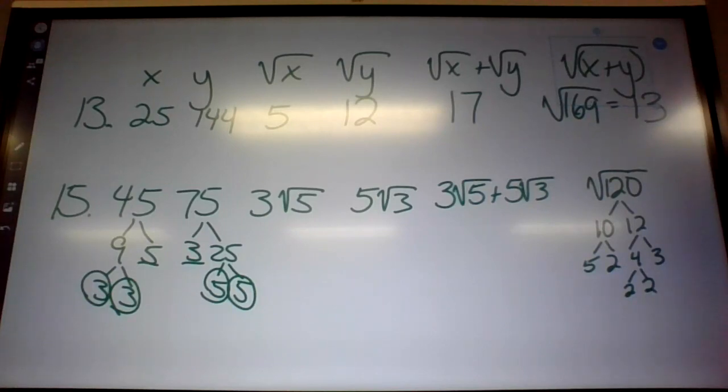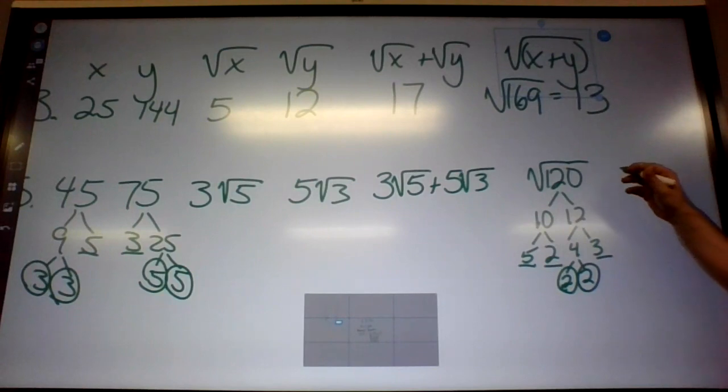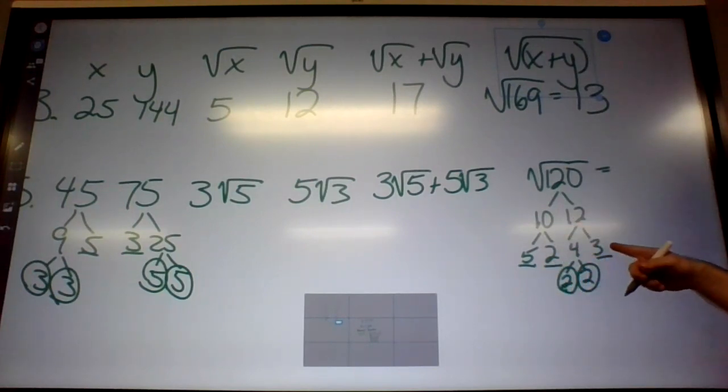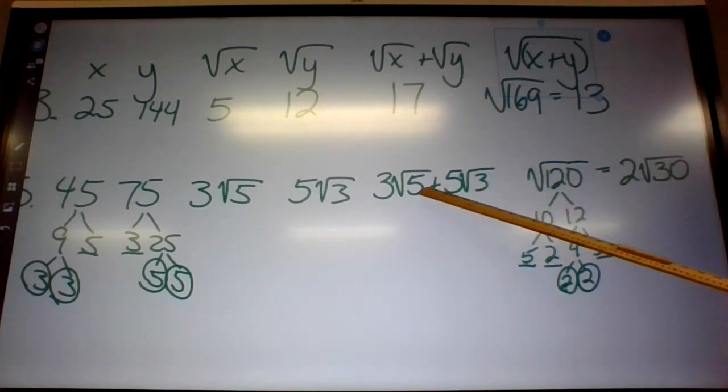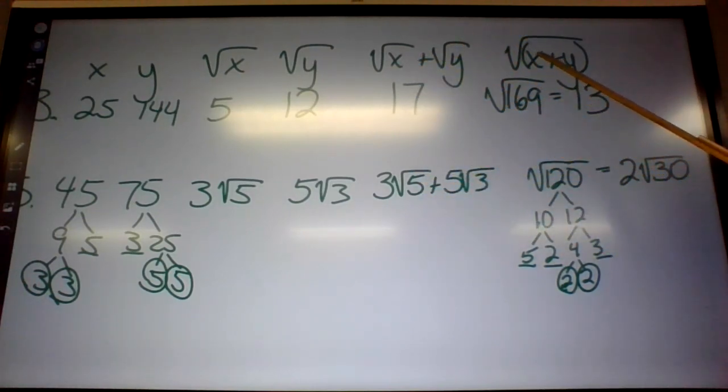Okay, so do we have any doubles? 2. So 2 is going to come out. And what's left behind? 5 times 2 times 3. 5 times 2 is 10, times 3 is 30, so it's 2 square root of 30. Okay, again, it's a different answer than this one. These two are not the same.